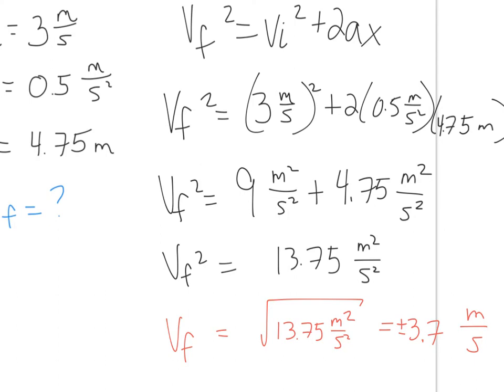We started, ready? Let me analyze this with logic now, not math anymore. Logic. You started with a positive velocity. I'll point, actually. You started with a positive velocity here. You undergo a positive acceleration. Imagine me walking in the positive direction and you pushing me forward with a positive acceleration. It's going to make me go faster. So this answer of 3.7 is going to be positive for sure.